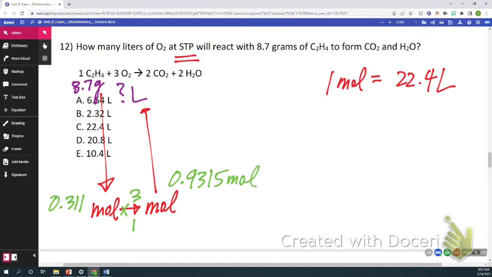And then back to liters. If mole is here, you want to put mole here, so 22.4 liters, so you're going to multiply by 22.4. And you get 20.8 liters. So change grams to moles, write the mole ratio train to O2, then multiply by 22.4 liters.